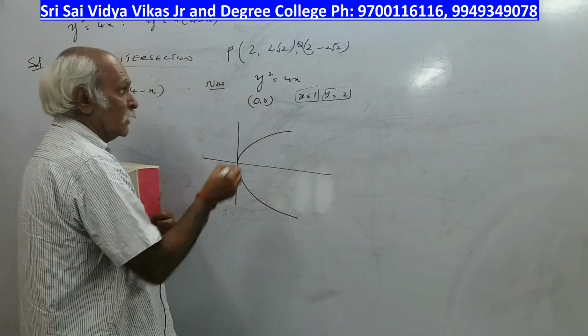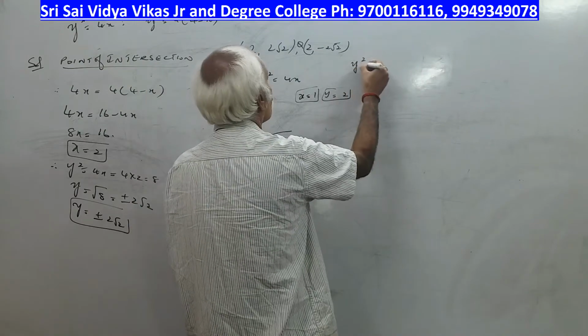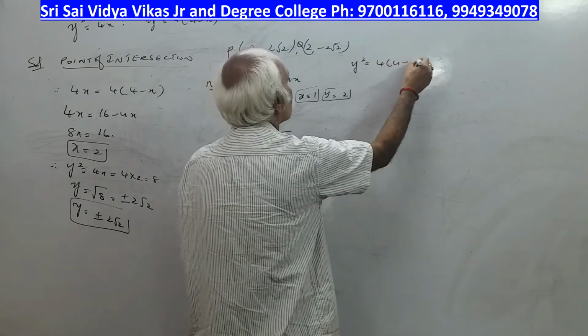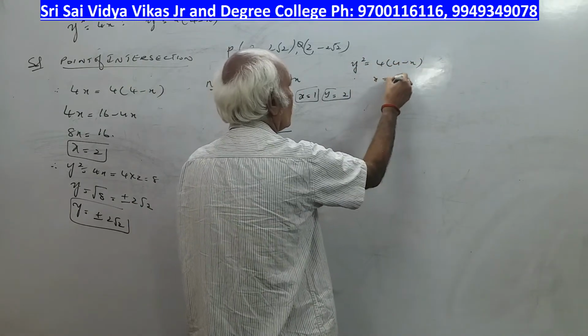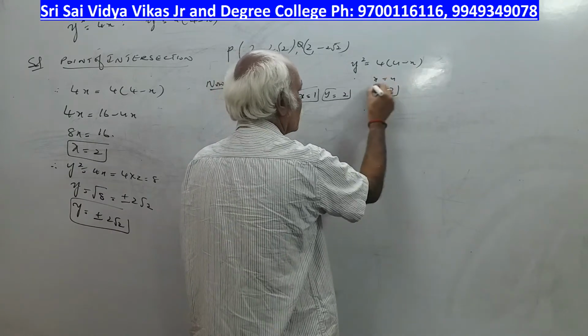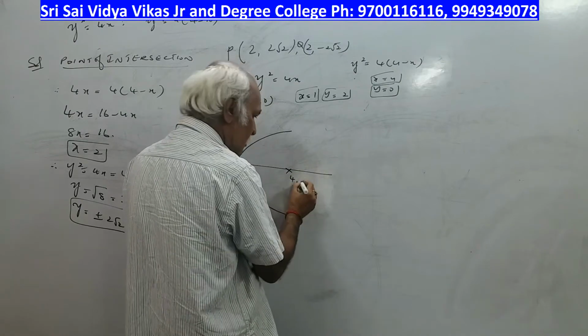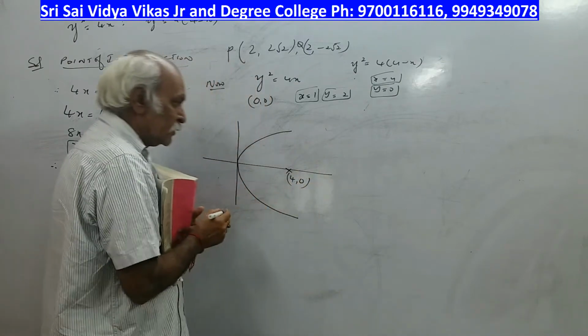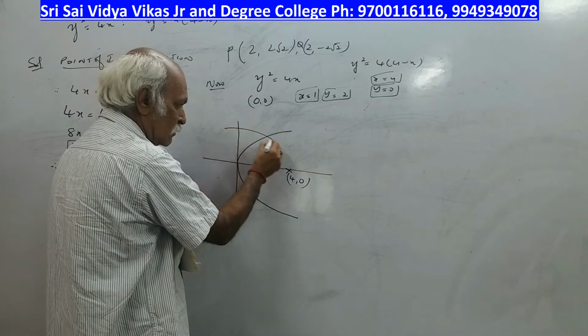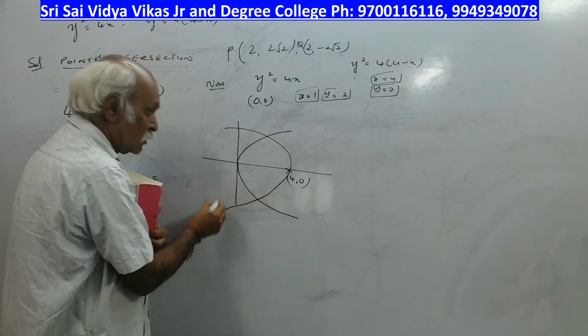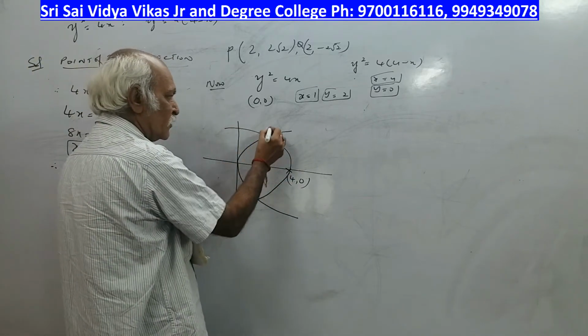Right? Next. So x is equal to 4, y is equal to 0, means at 4 comma 0. This is a point. So, this is a point of intersection.